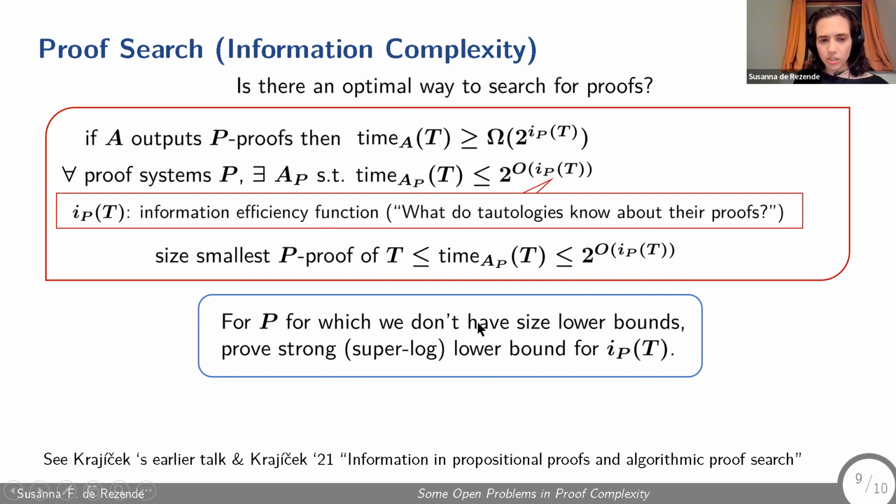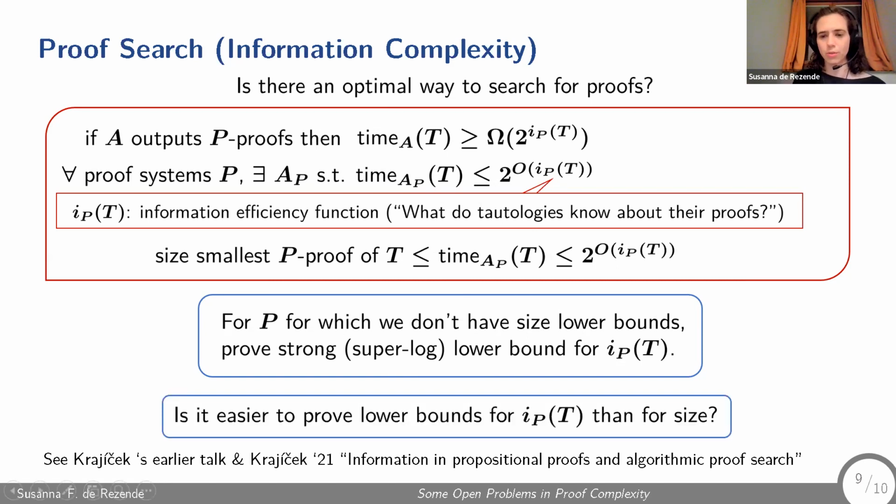So what Krychek was asking is, if we consider a proof system P for which we cannot prove size lower bounds, we still don't know how to prove it, can we obtain information lower bounds, which would give time lower bounds for algorithms outputting these P proofs? So we can also state this as, is it easier to prove lower bounds for information than for size?